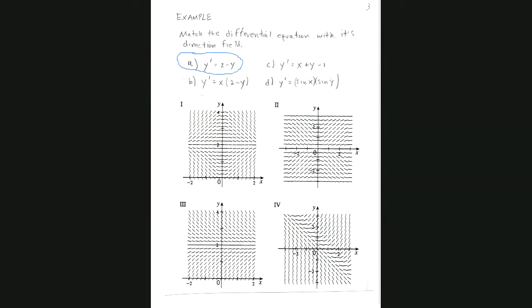Roman numeral 1 or Roman numeral 3? John thinks 3. All right. Robin thinks 3. Okay, good, good.